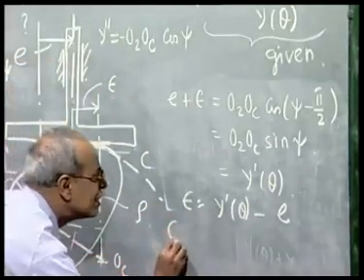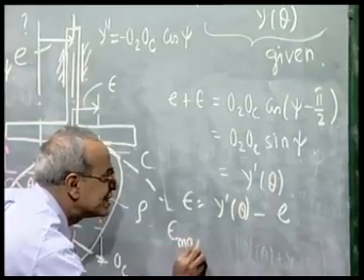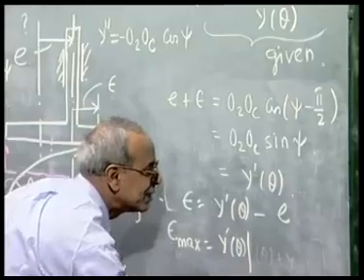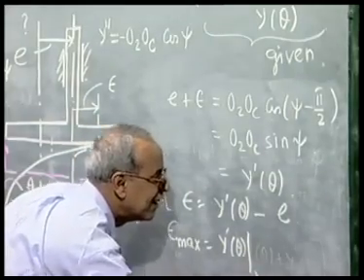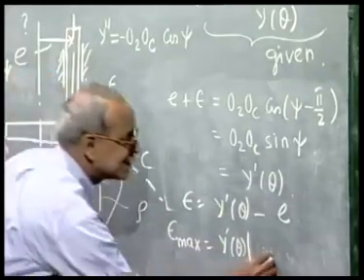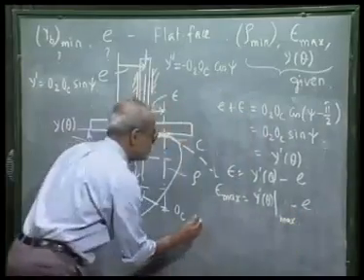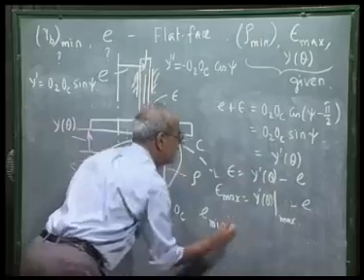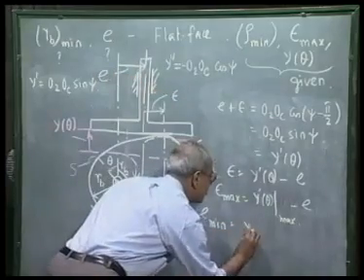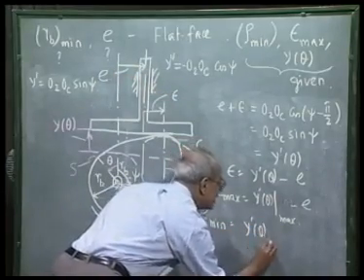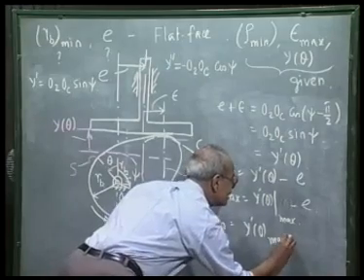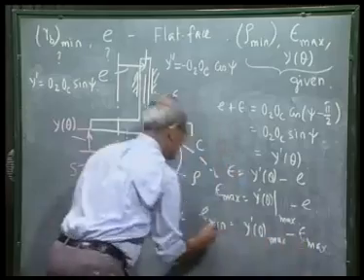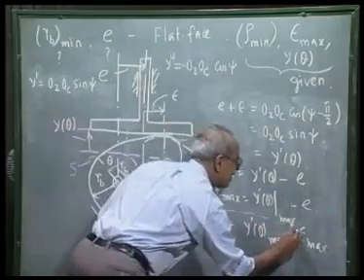Now, the maximum value of this takes place when y prime theta is maximum minus E. So the minimum value of the offset is y prime theta max minus epsilon max.